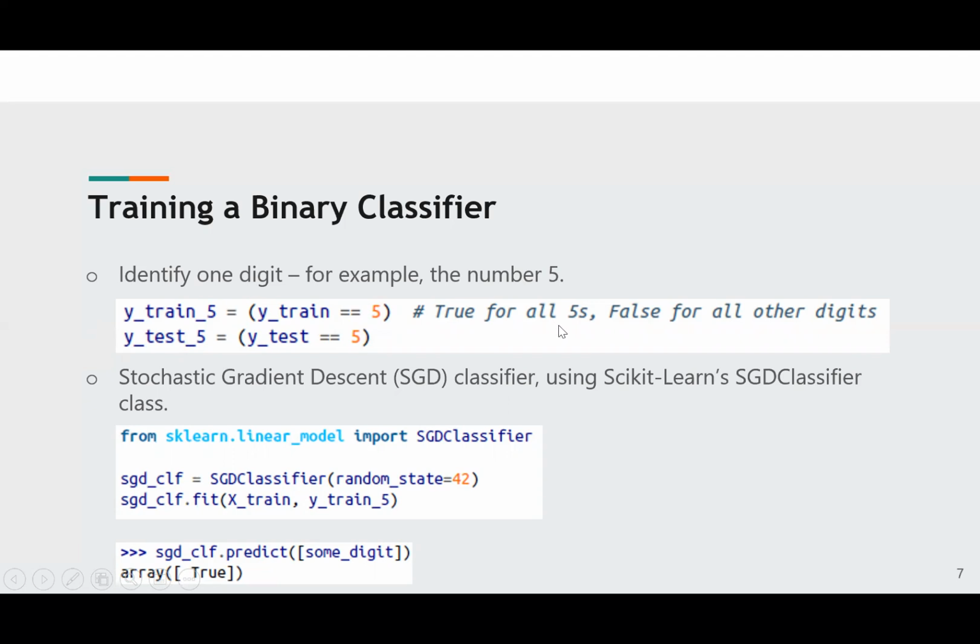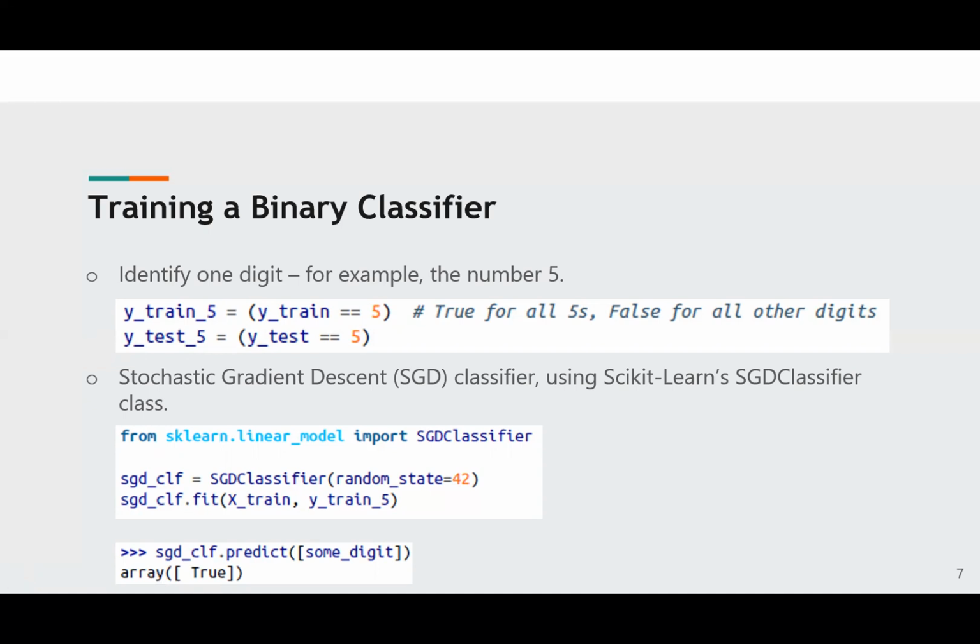So it's true for all the 5s, but false for other digits. And you do the same thing for the y_test data set, y_test_5, which is true for all the 5s and false for all other digits.